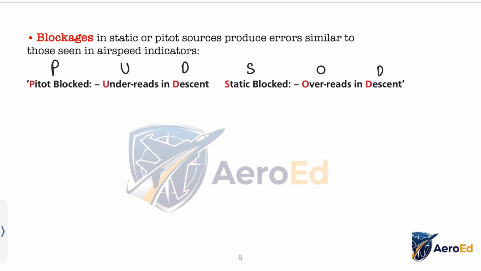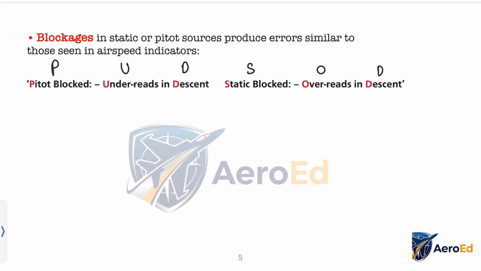Alright. Now we are going to study what happens when the pitot or static sources get blocked in the Machmeter. It is similar to what happens in the airspeed indicator, and I've already explained that in that video. To learn this, there's a trick. If you know PUT SOD, which is if pitot is blocked, it underreads in a descent, that means it overreads in a climb.